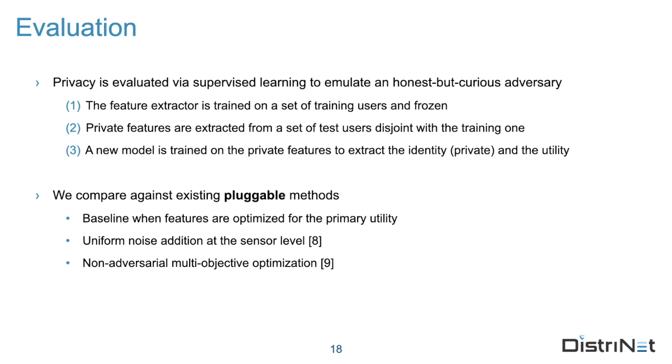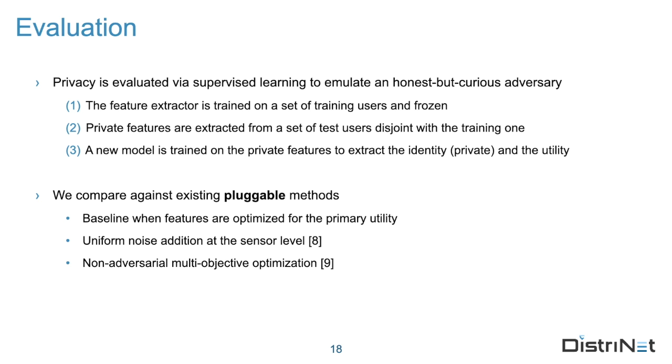In order to compare our approach with existing ones, we consider other pluggable solutions or solutions that do not require the model to be re-engineered. The baseline is represented by a model optimized for the primary task, the estimation of age and gender, with no further optimization.